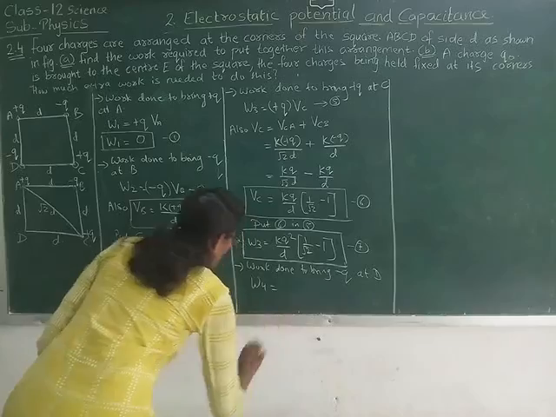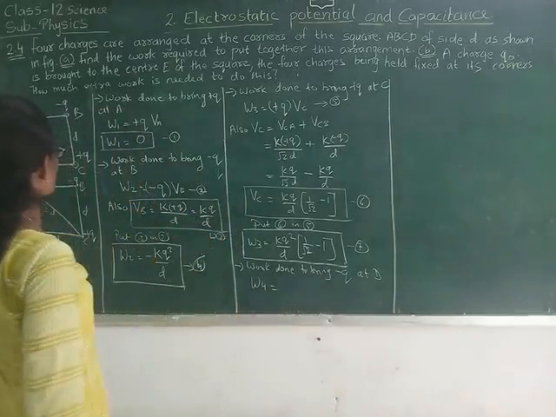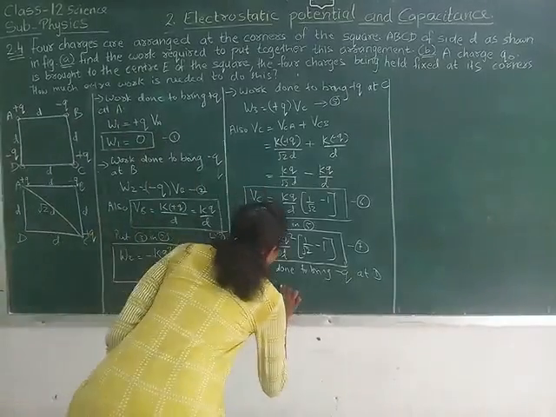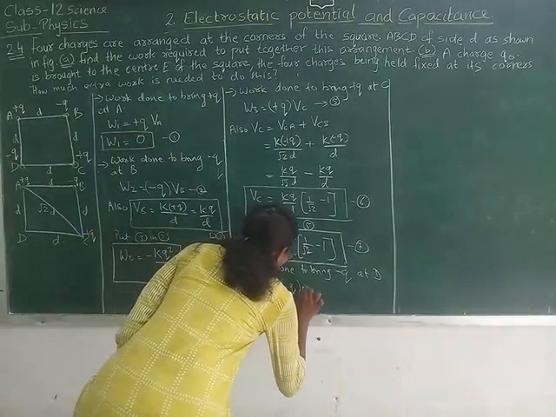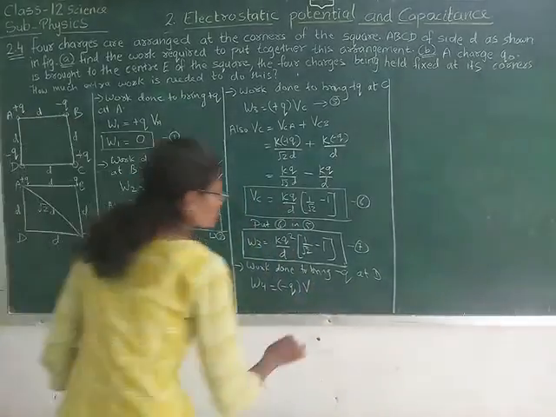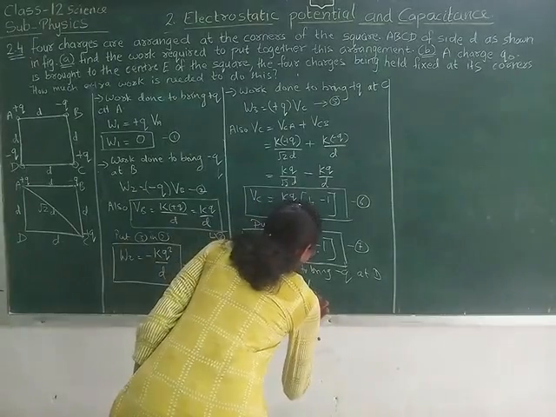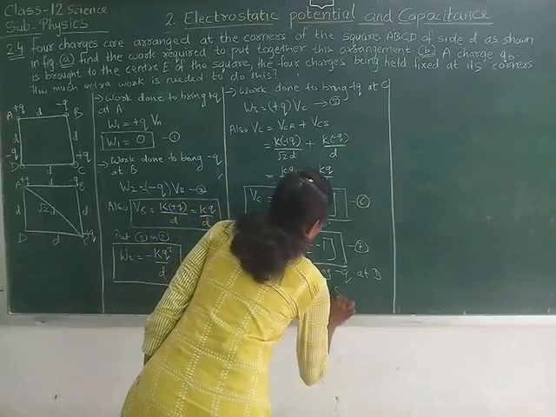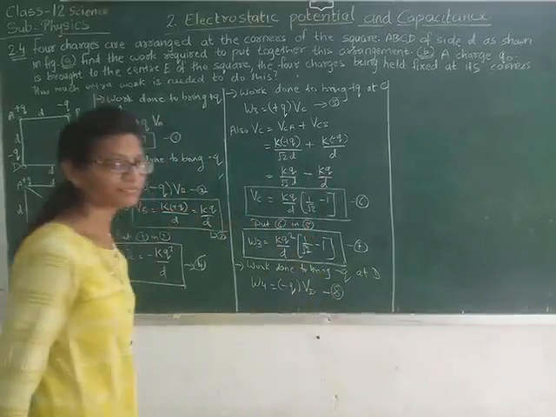So W4 equals to, which charge we need to bring? Work is done to bring the minus q charge at B. So it is minus q charge into, where we need to place? We need to place at point D. So potential at point D. Let this be equation number 8.